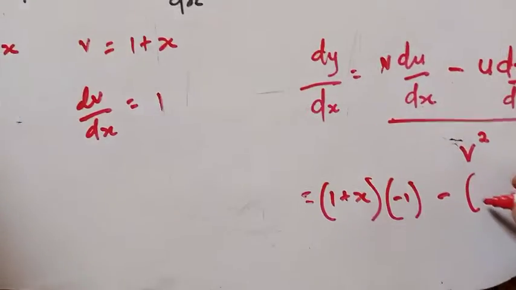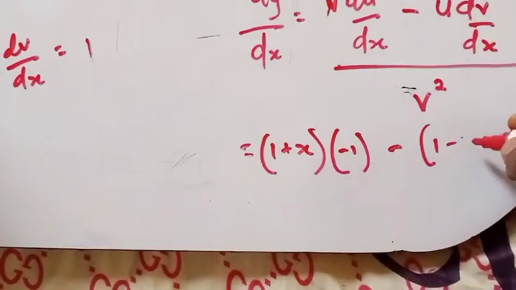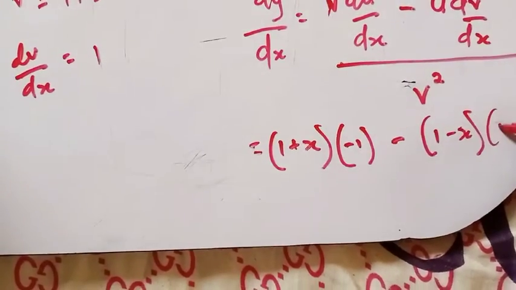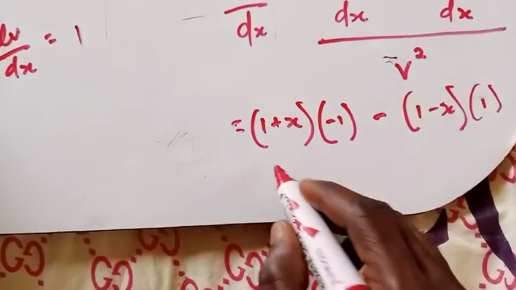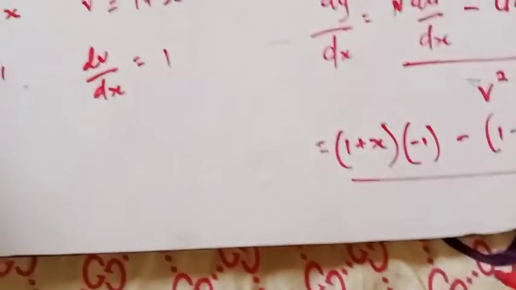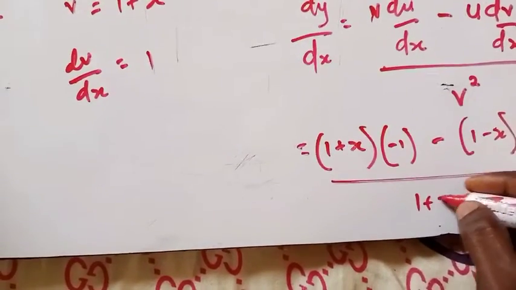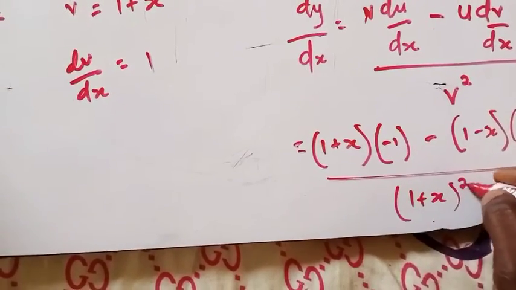So make sure that you are putting everything in brackets to avoid any negative issue. So there you have the dv/dx, that will be 1, and then everything will be divided by v squared. Where v is 1 plus x, so we have 1 plus x, everything squared.